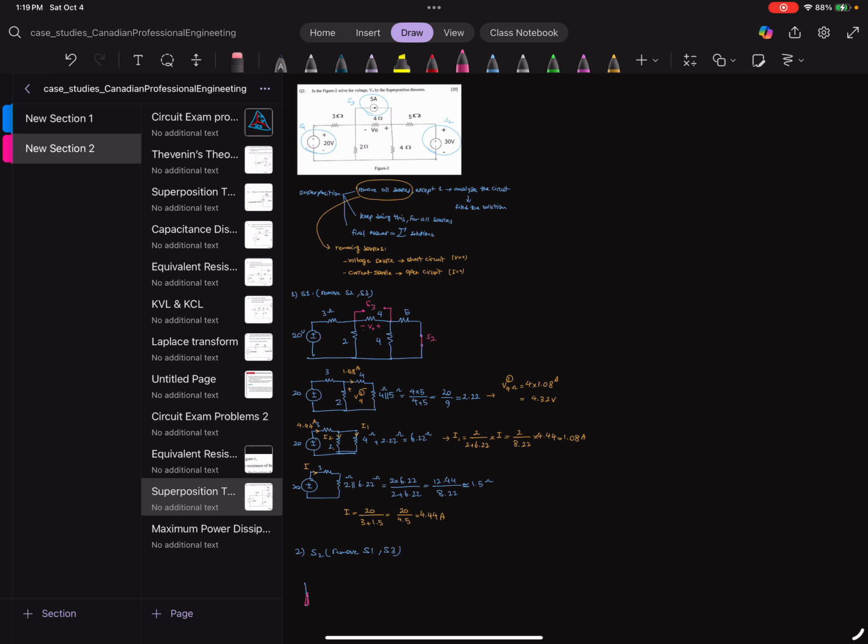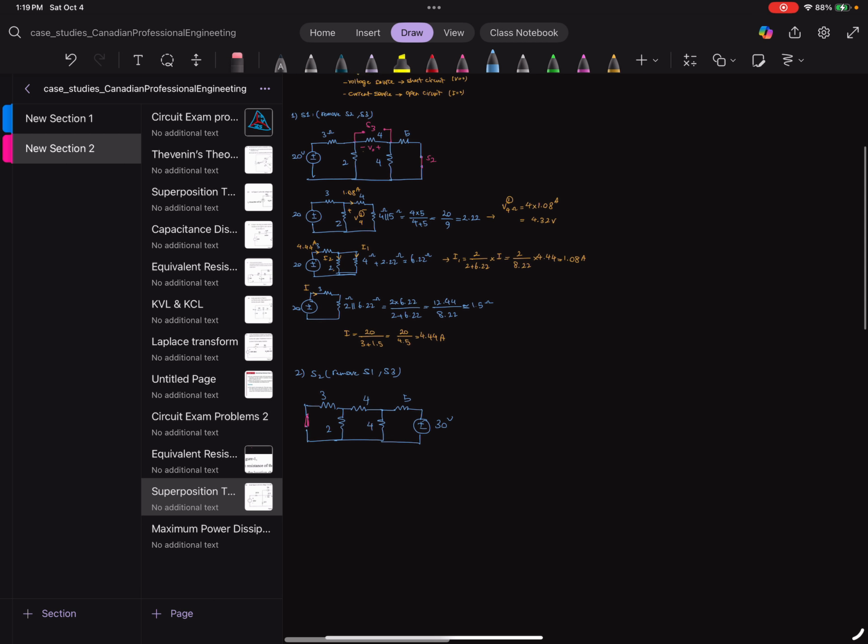So this one at the beginning of our circuit, then we have our 3 ohm, 4 ohm, and then 2 ohm, 4 ohm again, and this is our 5 ohm. We have about 30 volt here.